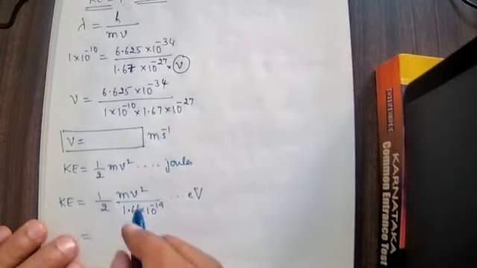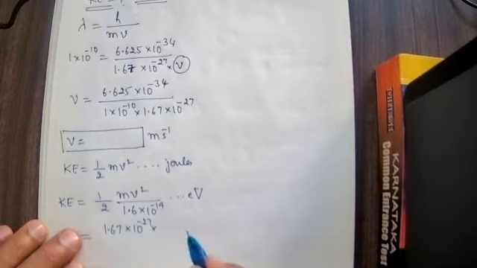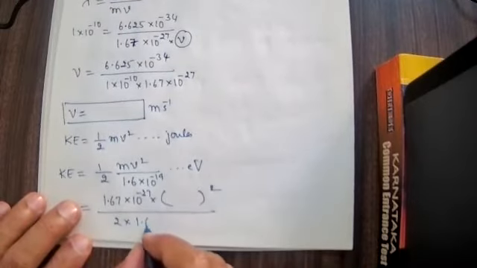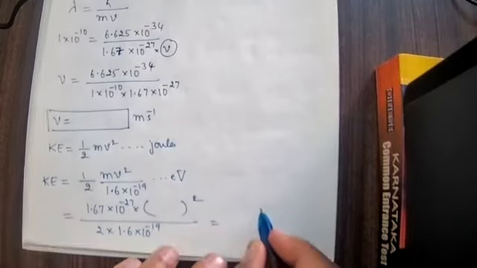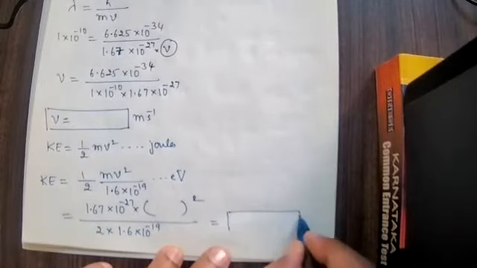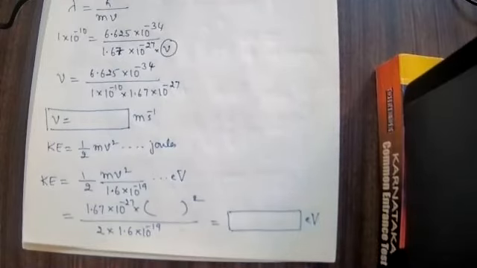Substitution and calculation, you do it. m is 1.67, velocity square, 2 into 1.6. We can do it another way also here. I will show that also. So many eV. This is one of the methods.